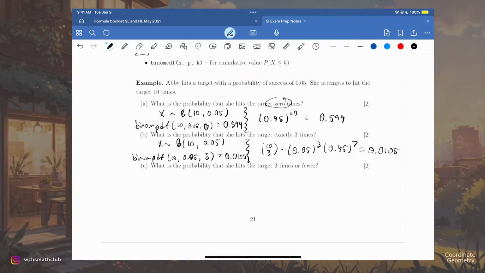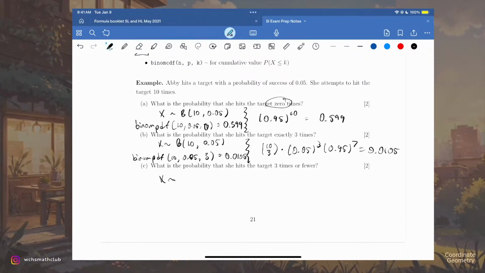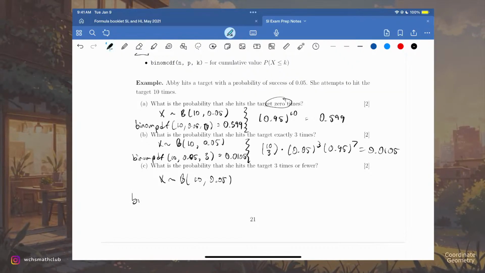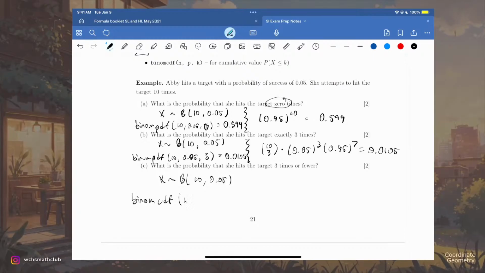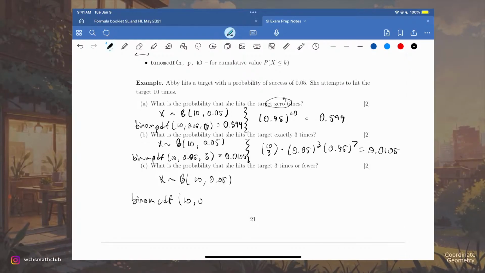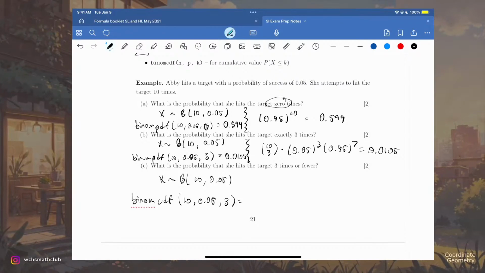Okay, nice. Now, what is the probability that she hits the target 3 times or fewer? The time-saving way you can do this is, again, it models the same function like so, and then instead of binompdf, you use binomcdf, which is cumulative. This essentially takes all the binomial PDF values and calculates them for 0, 1, 2, and 3, so every integer up to that.